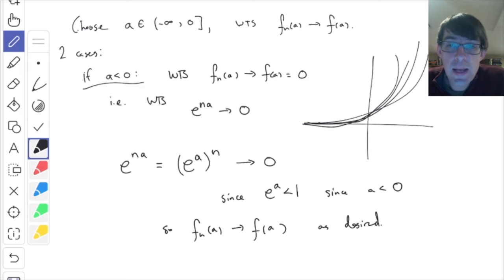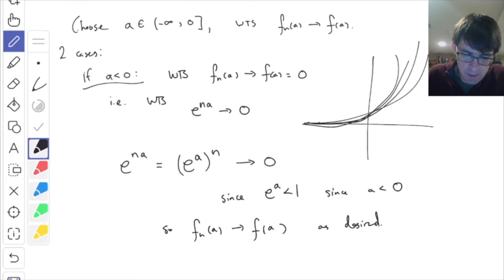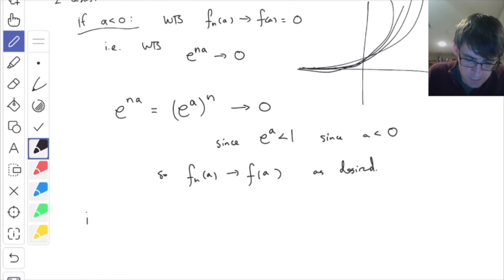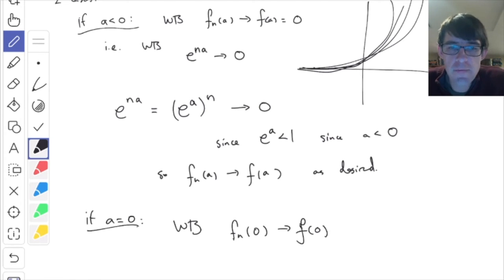The case when a is less than 0. What about the case when a equals 0? That's the other case, because when a is in this set, those are the two options, right? Less than 0 or equals 0. If a equals 0, well, in that case, what I want to show is Fn of, I don't even need to write a anymore, right? It's just 0. Fn of 0 converges to f of 0.